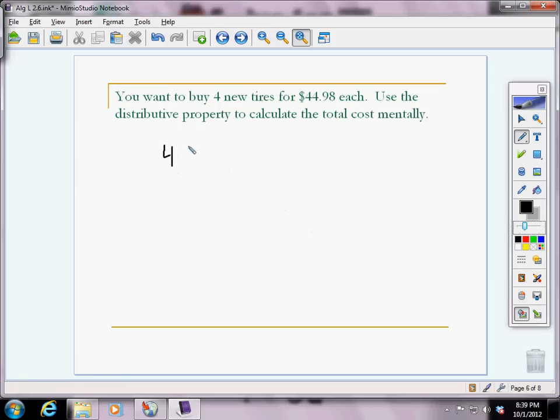We want 4 tires and each one costs $44.98. Now, you probably can look at this and say, well, that's about 4 times 45. And maybe you could see, well, 45 times 2 is 90, and 90 times 2 is 180. So you're maybe thinking this is approximately $180.